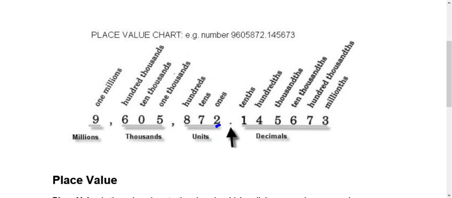So these are our ones, these are our tens and hundreds. If I'm looking at this, it would be $872 if you want to think of it as money. Then you've got your thousands, ten thousands, hundred thousands. It matches very similar to what we have here.